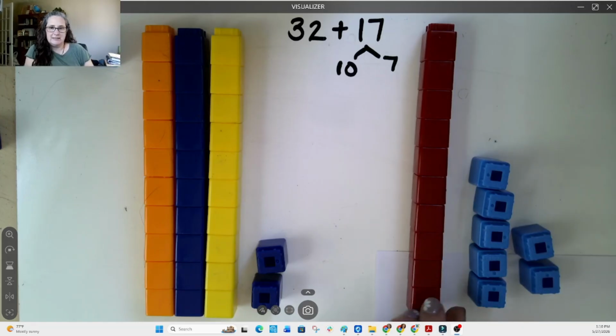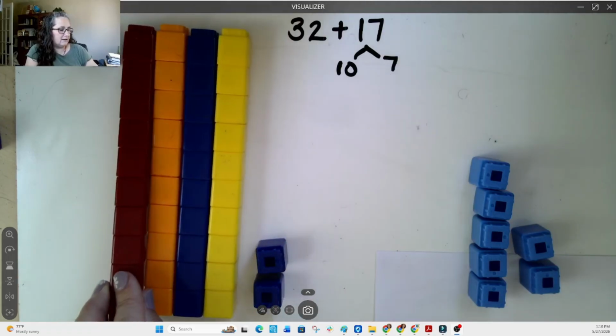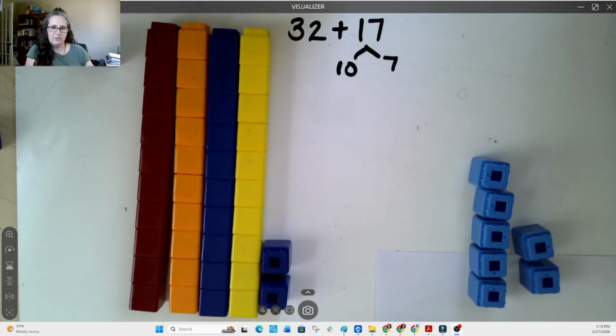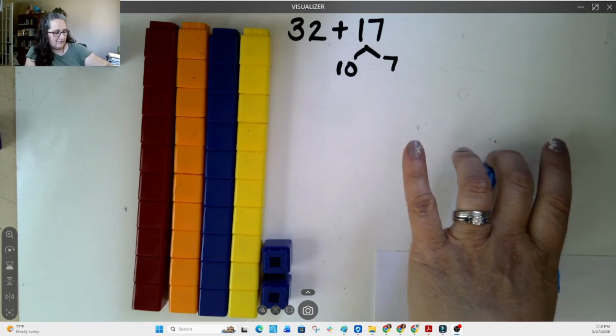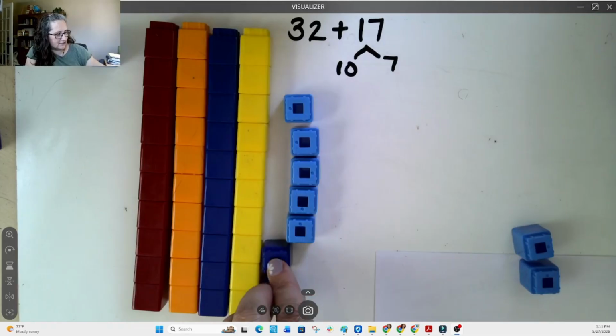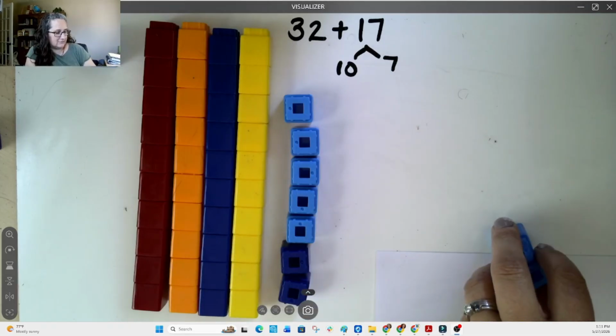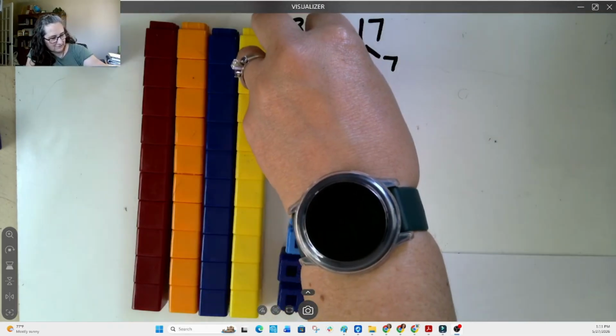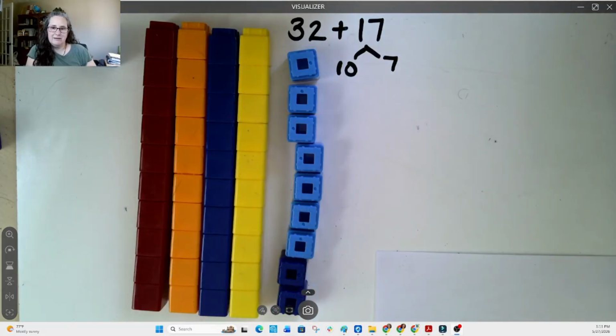When I put these together, I'm starting with 32. 1 ten more than 32 is 10, 20, 30, 40, 41, 42. So now I have 42. And then I can add my ones: 2 plus 7 will give me 9.